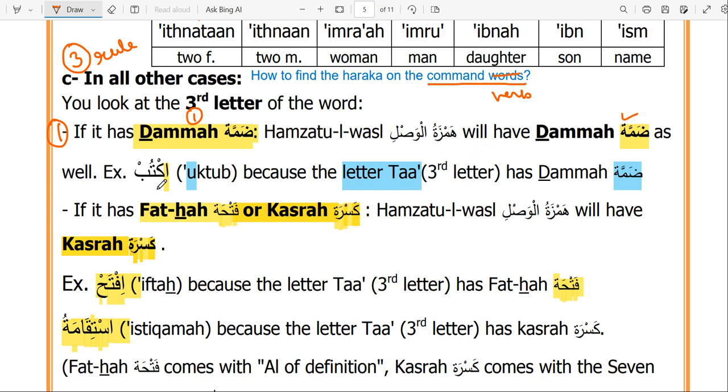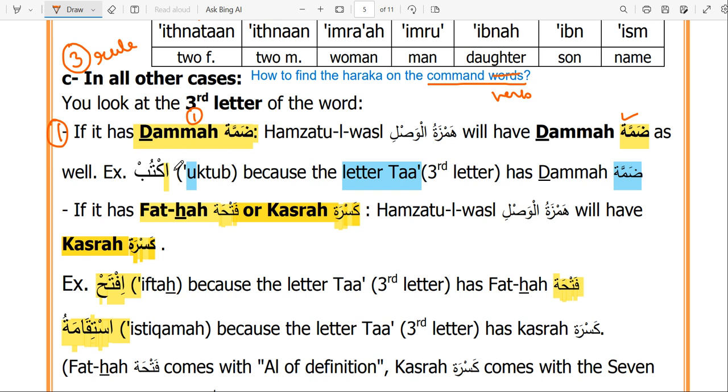Now, there is a rule to recognize which haraka this hamzatul wasl should have. When you read in Quran or in any standard Arabic, sometimes there is a haraka, sometimes it's not. So how are you going to know which haraka should be here? How should I read it? Iktub or uktub or aktub?